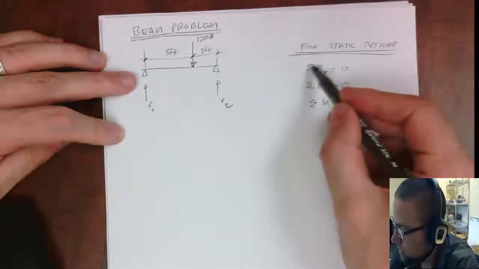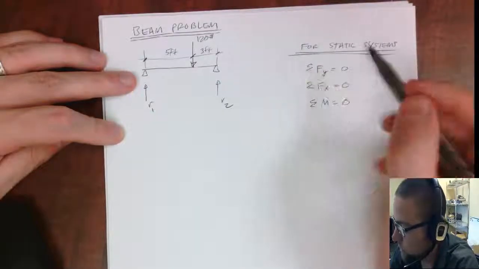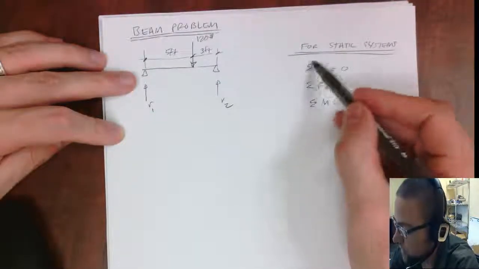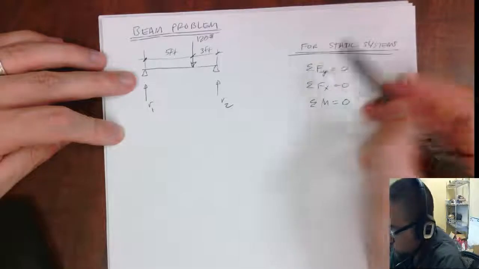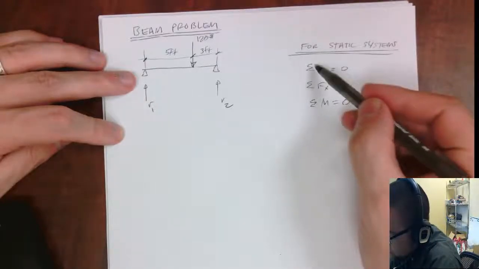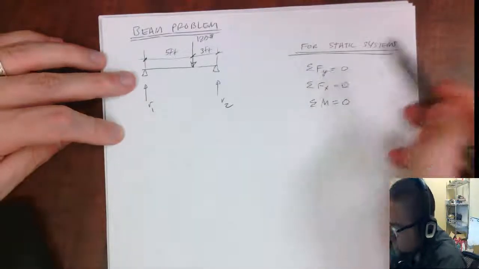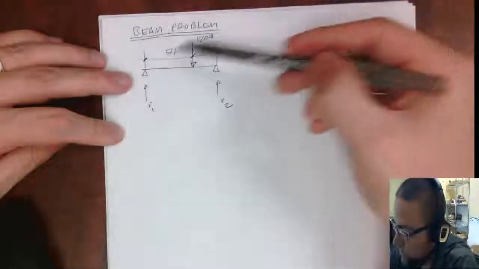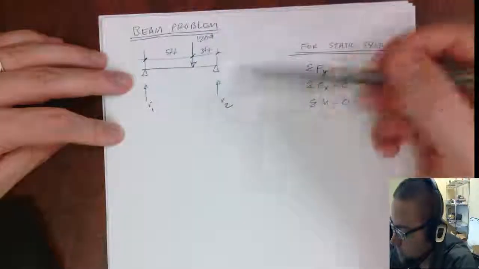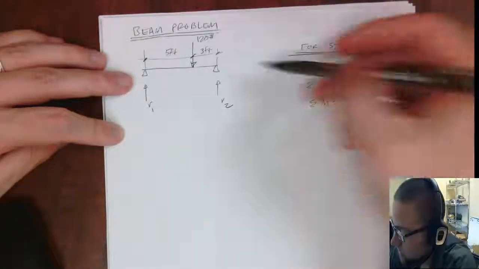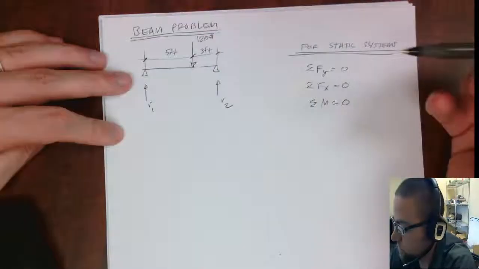So we say the sum, this funny letter is a Greek letter sigma, which stands for sum. The sum of the forces in the y direction is equal to 0. We add up all the forces in the y direction, up and down, and they equal 0. When we sum up all the forces in the x direction, they equal 0.